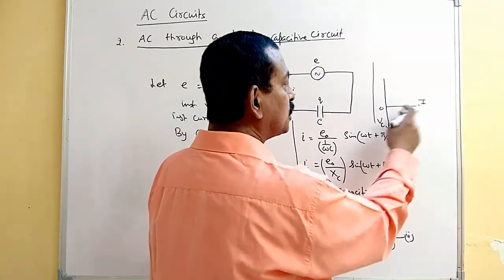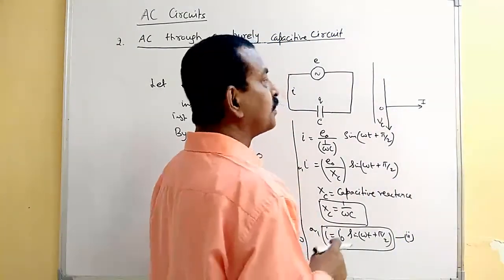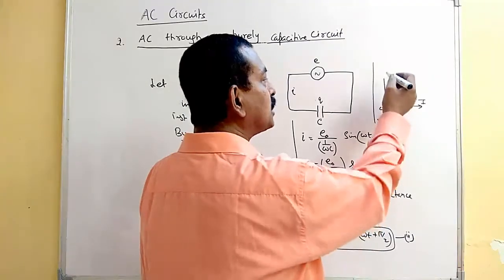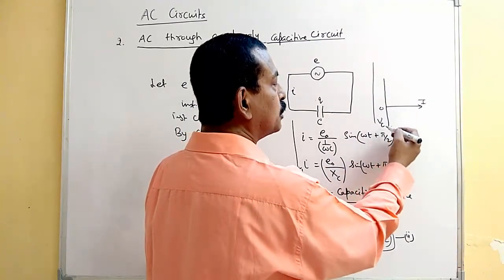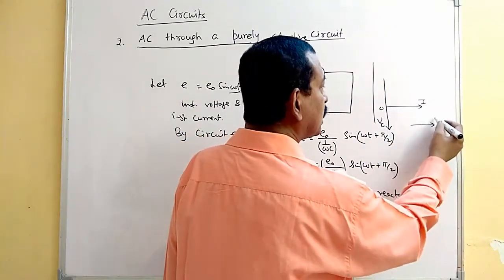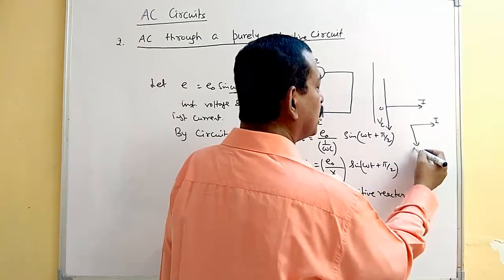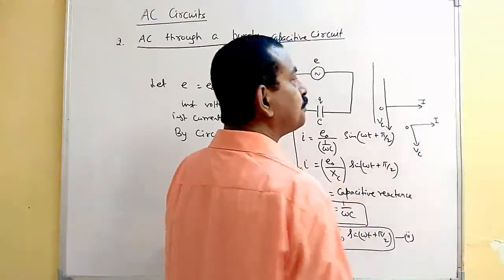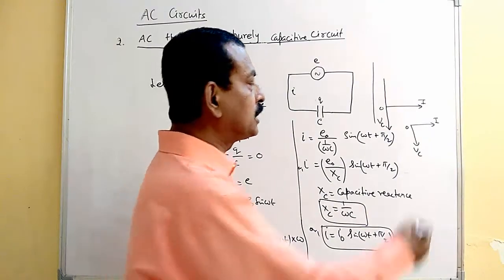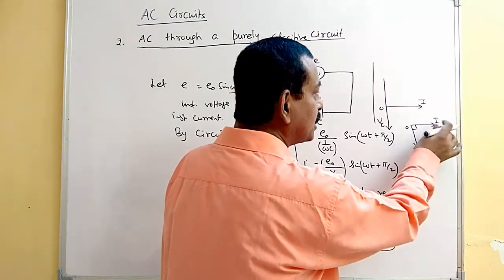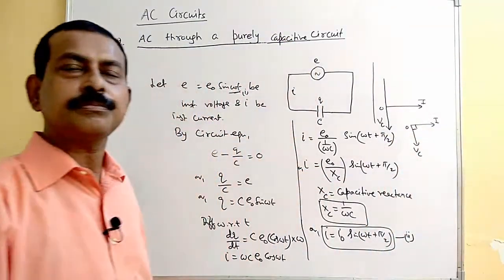So this one will represent VC, the voltage across the capacitor, which is 90 degrees behind the current.